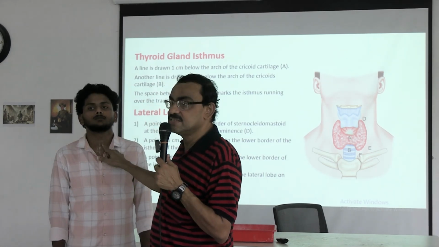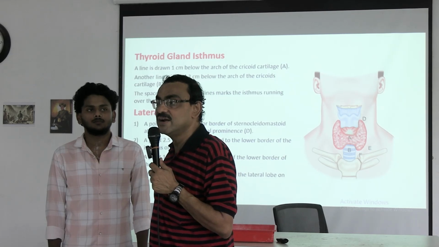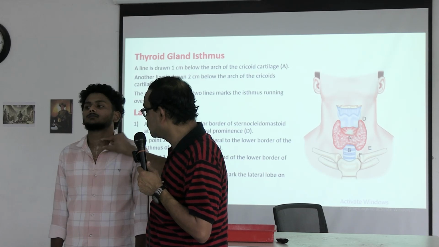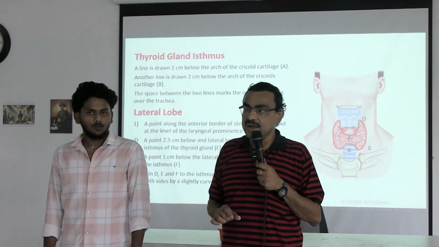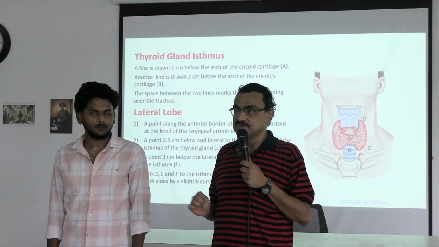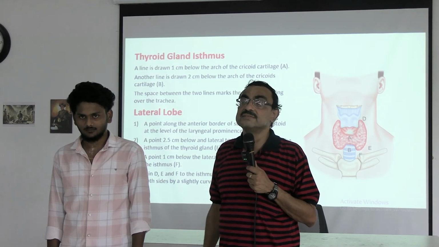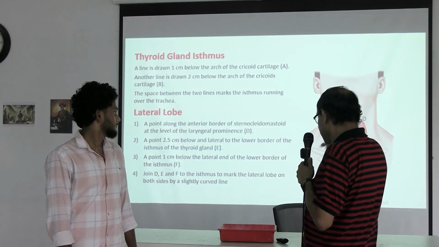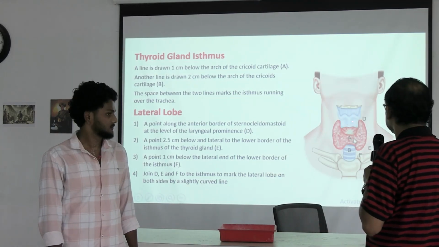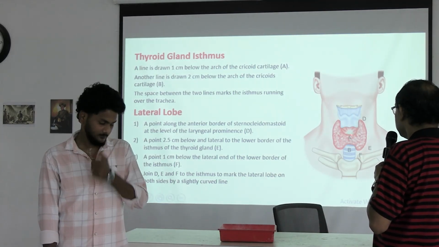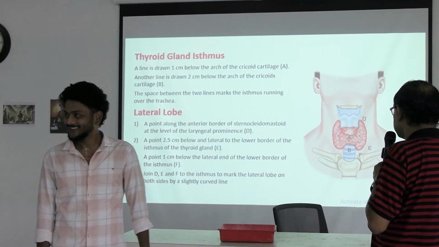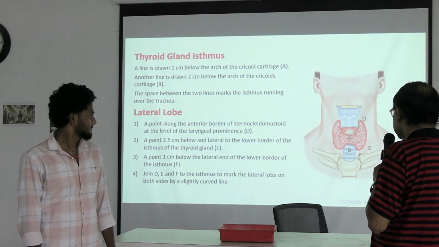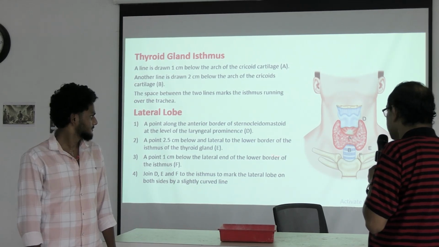This is the isthmus of the thyroid gland. Actually, the thyroid gland has two lobes connected by this isthmus. Next point. You can see this is the thyroid cartilage. Below we are getting the cricoid, and here we are getting the isthmus of the thyroid gland.